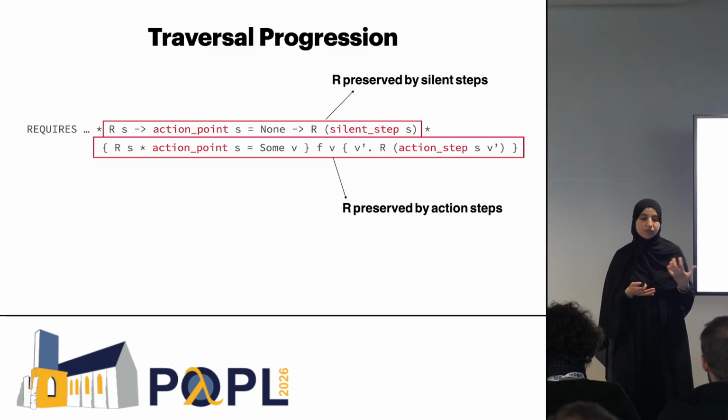If R holds on some traversal state S, and this traversal state is a state where the operation is about to be applied on node V, then after applying F on the node V, we get that the invariant holds on the state where we take a single action step, replacing the old value V with the new value that F computes, V prime.